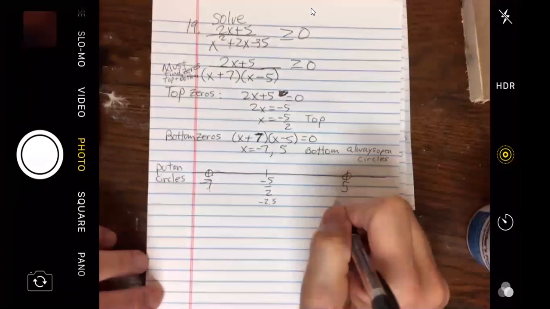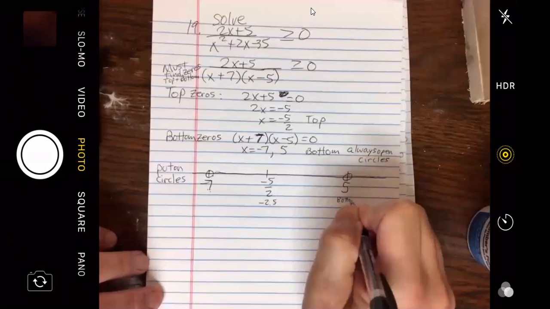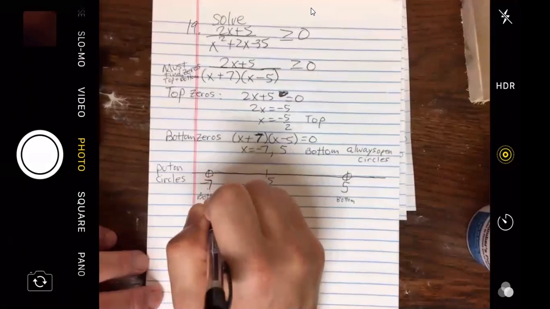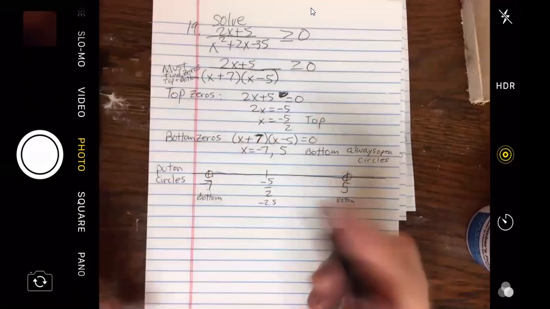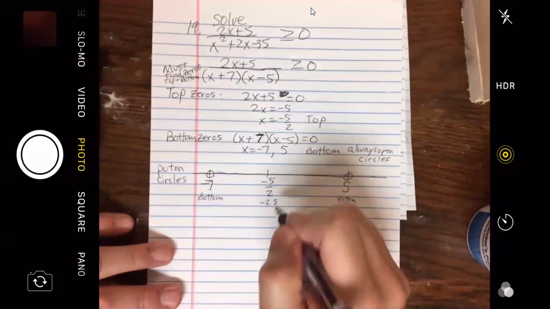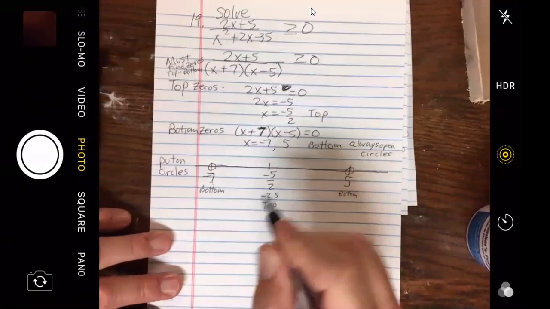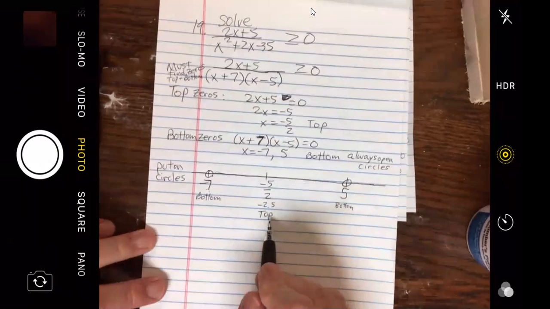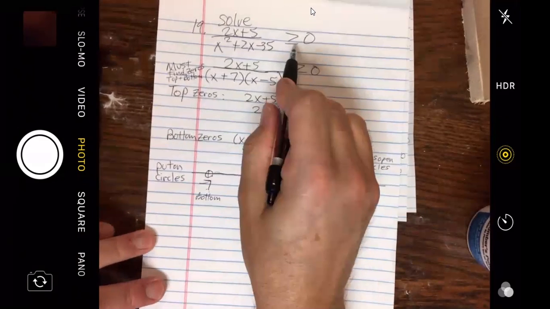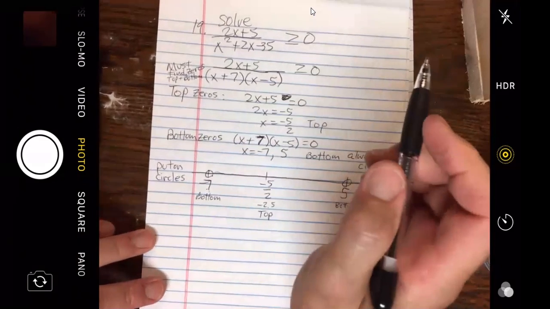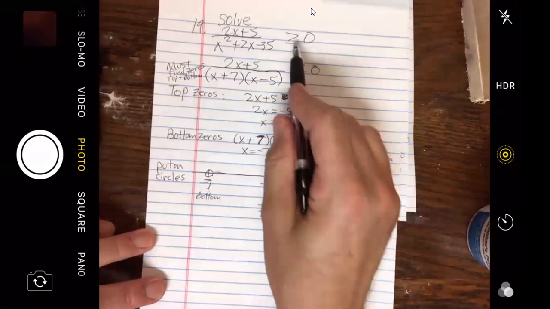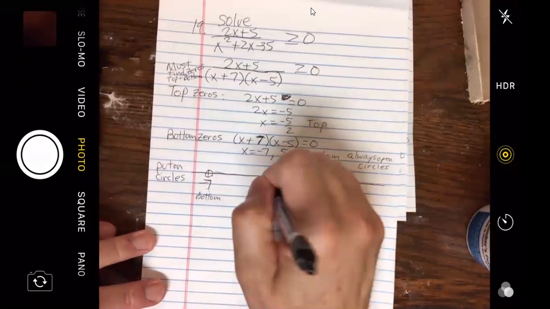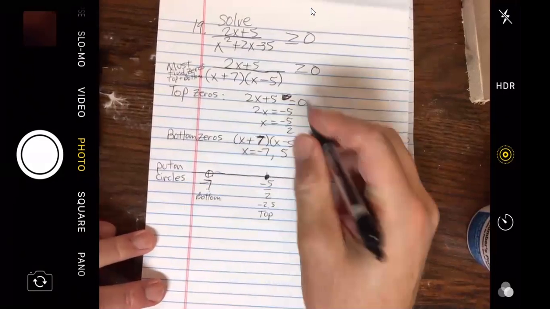This is from the bottom. You don't have to obviously label all this when you're working the problem. I'm trying to do it for teaching purposes. This is from the top. Now you understand that the top is going to depend on the or equal to or not. Therefore, this will be closed on this problem because of the or equal to.